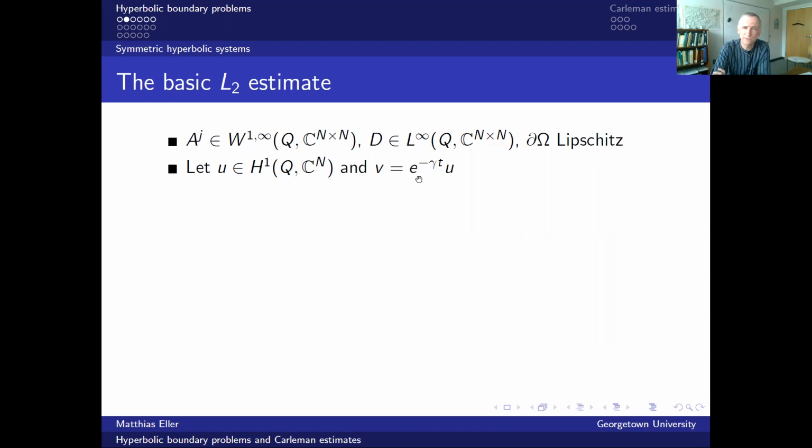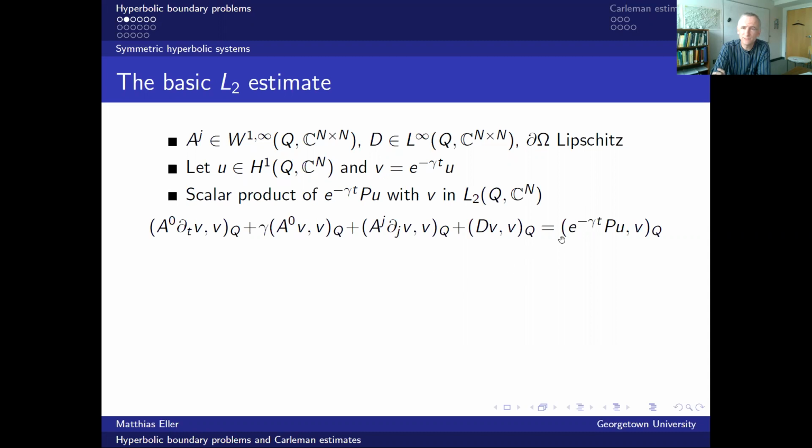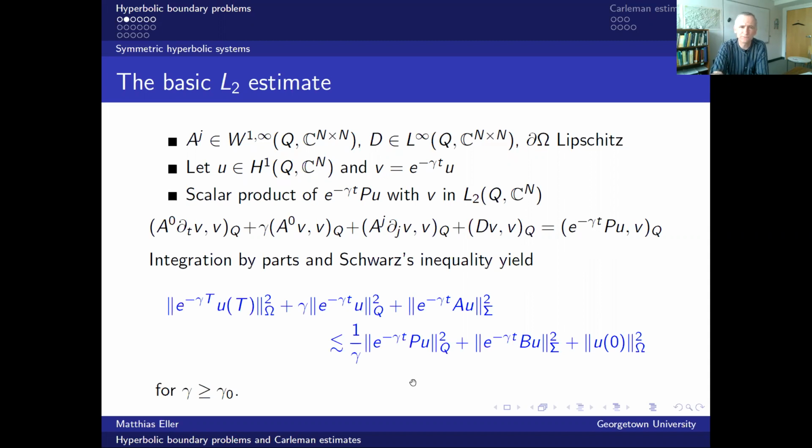I introduce a function which is pre-multiplied by an exponential and take the scalar product in L2 with V with this operator. And then I expand this, use a little bit of integration by parts and Schwarz inequality and get my estimate here. That's the preliminary estimate.